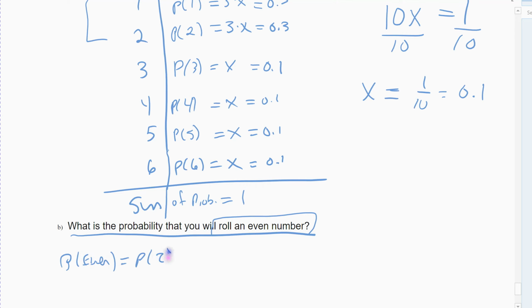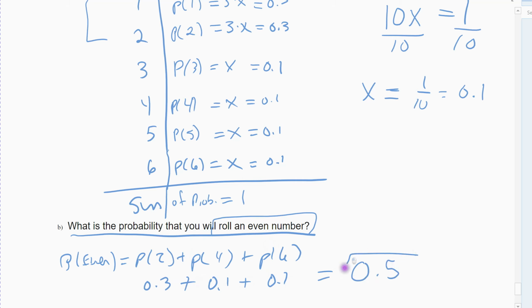Well, it's the probability I roll a 2 plus the probability of rolling a 4 plus the probability of rolling a 6. Rolling a 2 was 0.3, rolling a 4 was 0.1, and rolling a 6 was 0.1. So even with this unfair dice, there's still a 50% chance, 0.5, that you'll roll an even number.